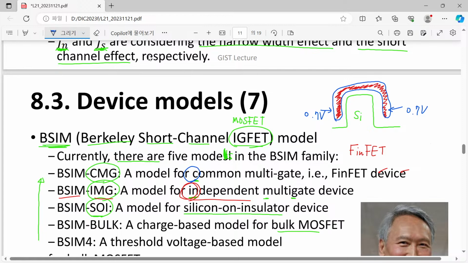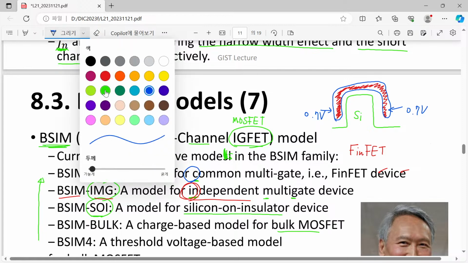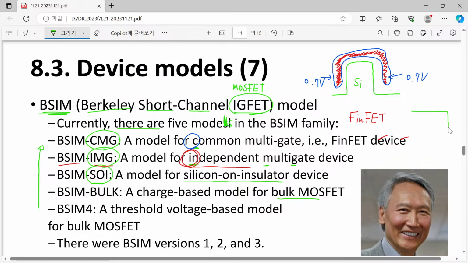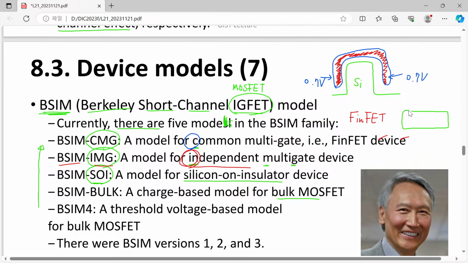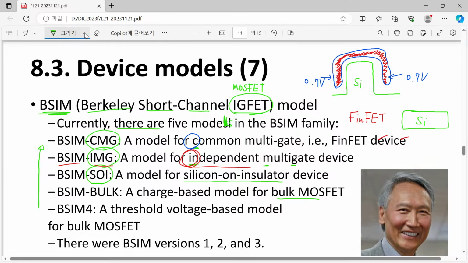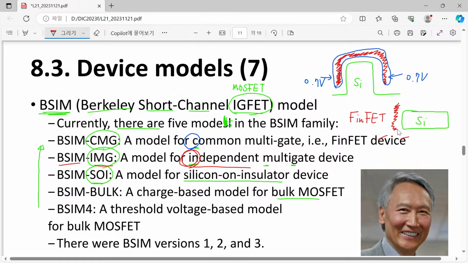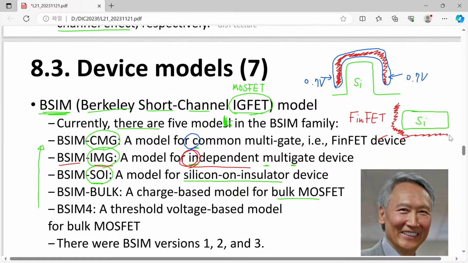Also, another shape of our transistor nowadays is, although this is under mass production only by Samsung, expected to be adopted by other companies as well. So for silicon, in this case, the metal is covering the four different faces of this silicon.